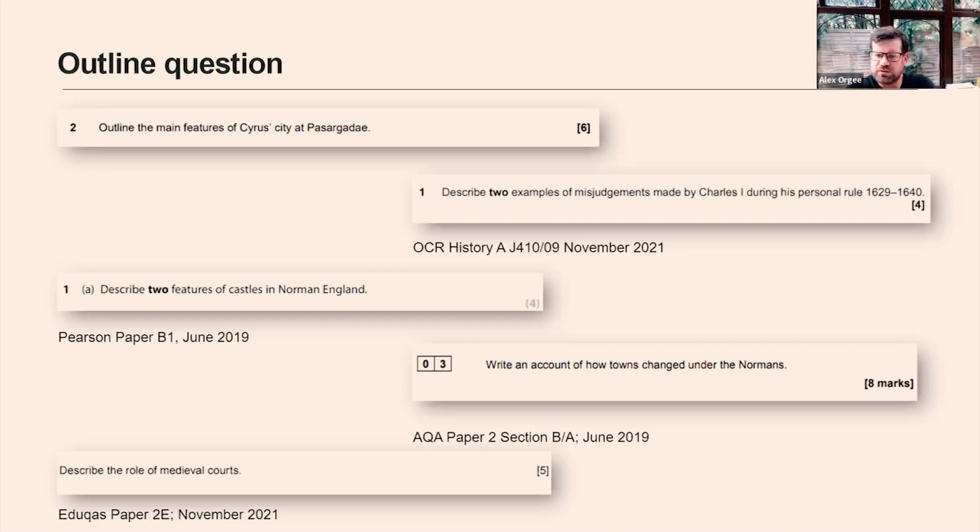We've got examples from all of the 4 GCSE boards to show that they have very similar types of questions. As our examiner reports say, we're looking for students in this question to make at least 3 developed points.